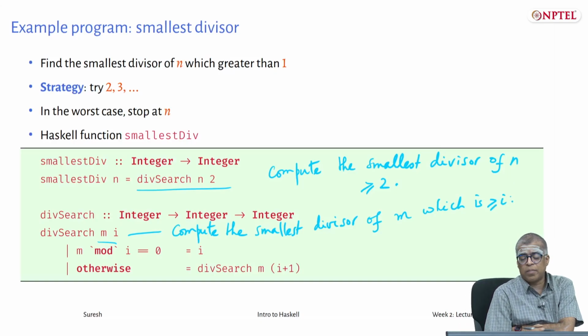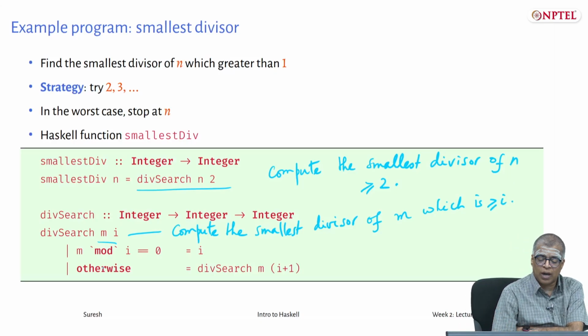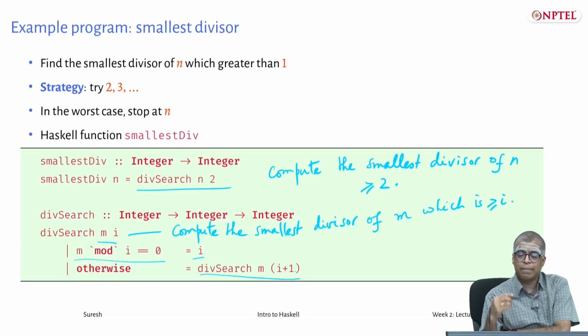And this is the same program that we wrote earlier by hand. If m mod i equals 0, then you return i, otherwise you just search from the next integer.